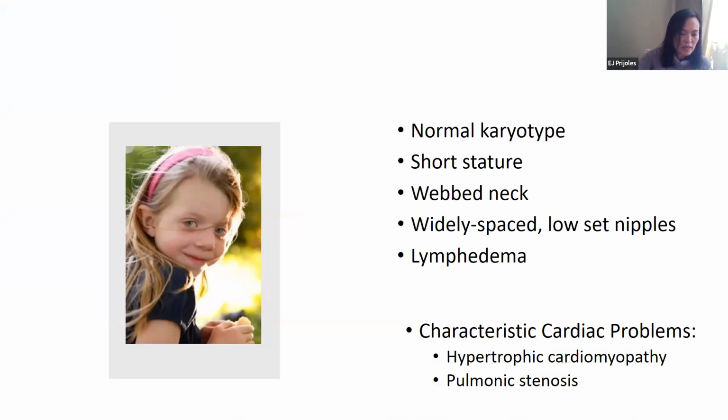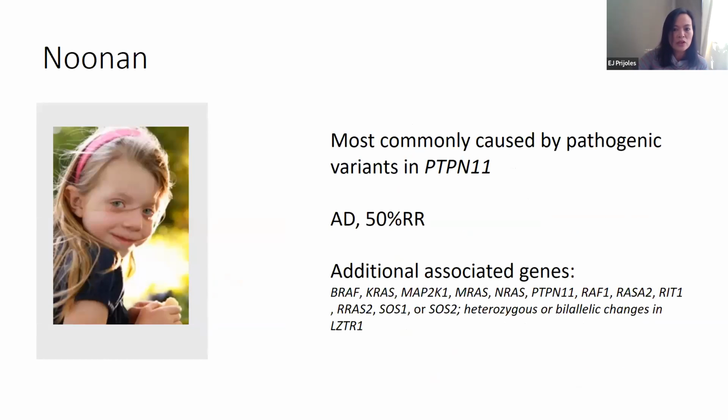Some individuals might have other particular heart findings that can include hypertrophic cardiomyopathy or pulmonic stenosis. And so one of the differentials for short stature and features that could be consistent with Turner syndrome, where there is a normal karyotype, one can think of Noonan syndrome.